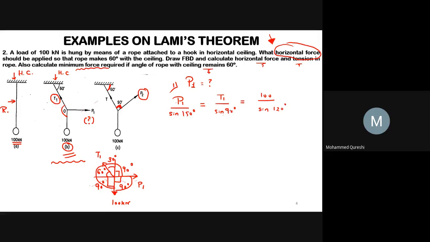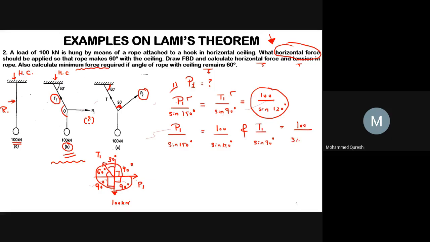And A upon sine A equals B upon sine B equals C upon sine C concept. The 100 is known for us, but P1 is unknown as well as T1. So we may write P1 upon sine 150 equals 100 upon sine 120, and T1 upon sine 90 degree equals 100 upon sine 120 degree.